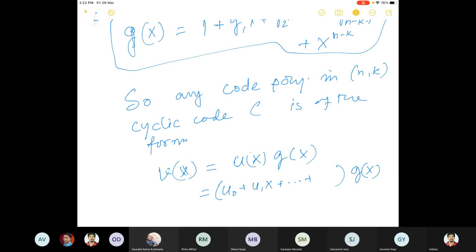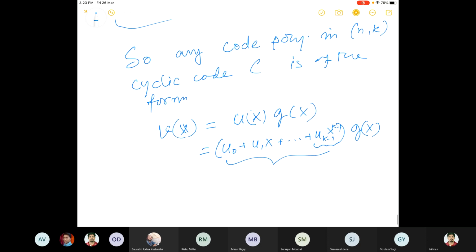We know Gx has degree n minus k, and the degree of Vx cannot exceed n minus 1. So what should be the maximum degree of Ux? It is k minus 1, so Ux goes up to u k minus 1 times x to the power k minus 1. Because when we multiply this with x to the power n minus k, we get n minus 1. That's the maximum.